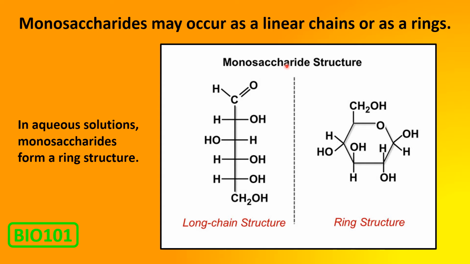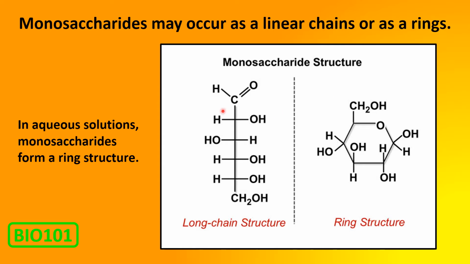All right, monosaccharides may occur as linear chains or as rings, and we will see them as rings when we get to cellular respiration, for instance, but that ring has to be broken open in order to cut the sugar down into manageable pieces by the cellular respiration mechanisms.